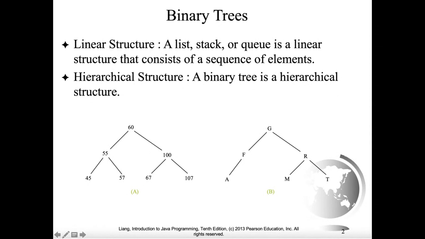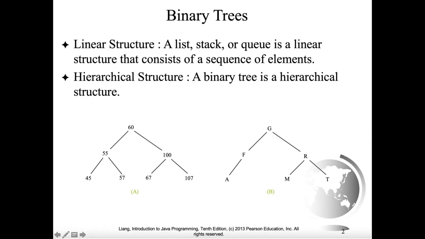Leaves are basically the nodes without any children. So here in picture A, 45 and 57, they are siblings because they have the same father, and they are leaves because they do not have any children.